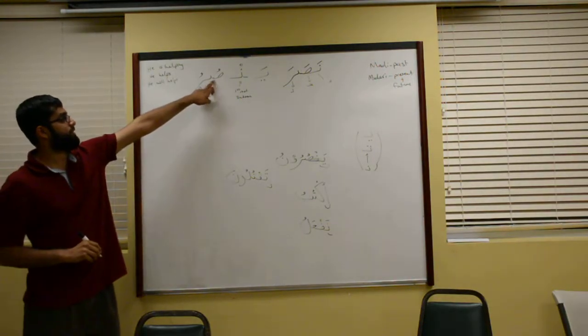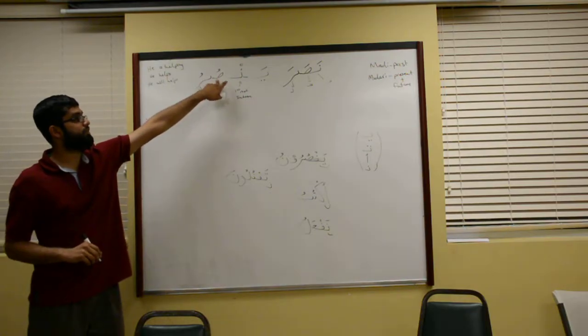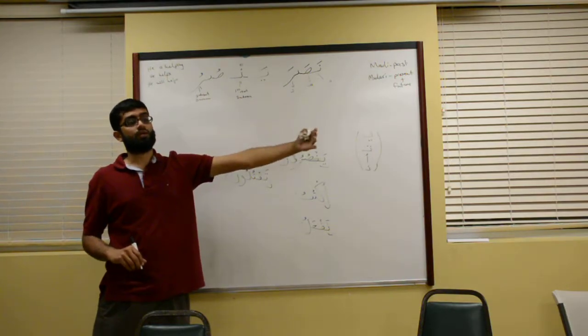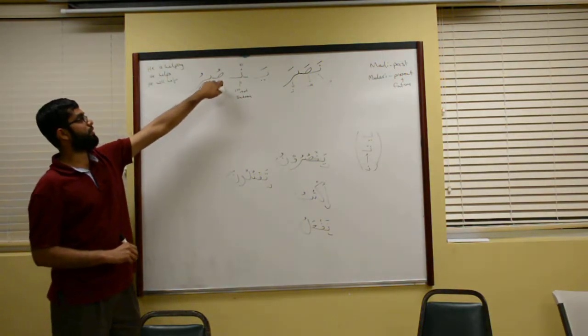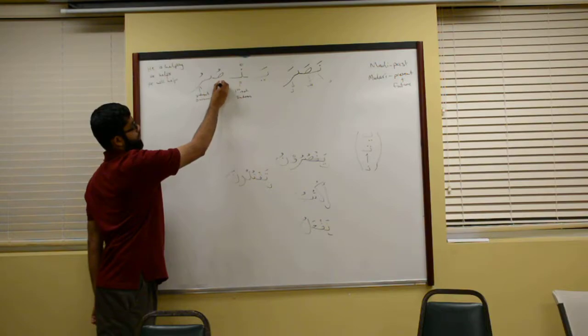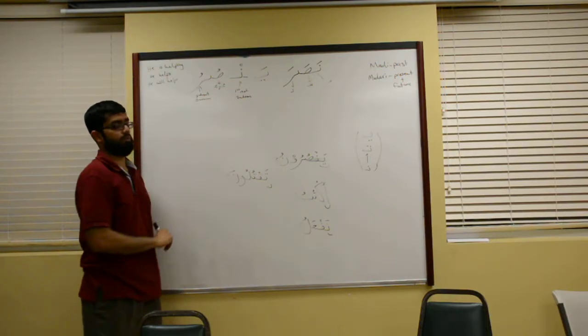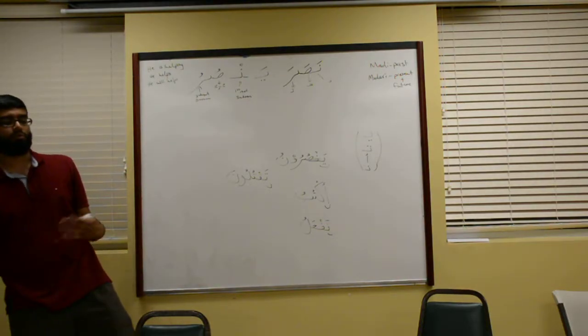And then we have the second root left. Just like in the past tense, when you could have a fatha, dhamma, or kasra, this will get a fatha, dhamma, or kasra. That can change, and we'll learn how they change.